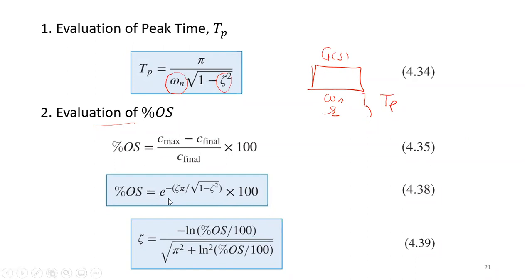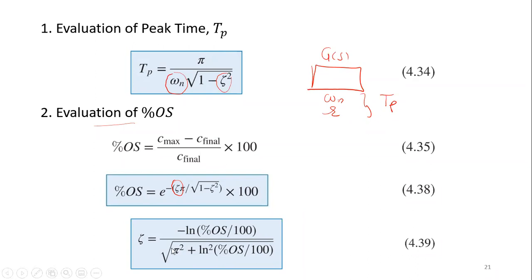percent overshoot equals e to the power of minus damping ratio times pi over the square root of 1 minus damping ratio squared, times 100. The good news is you don't have to memorize this, but you are expected to know how to use this formula.